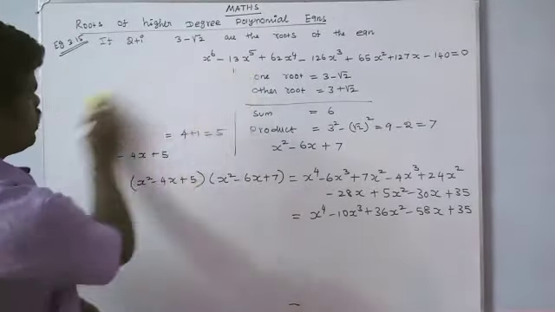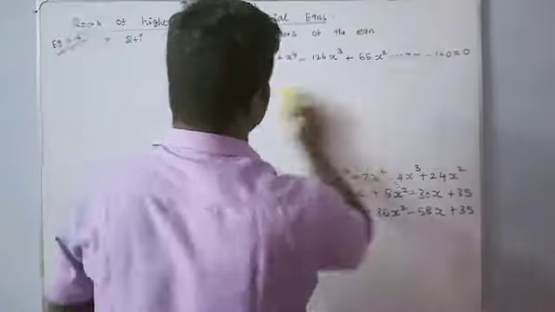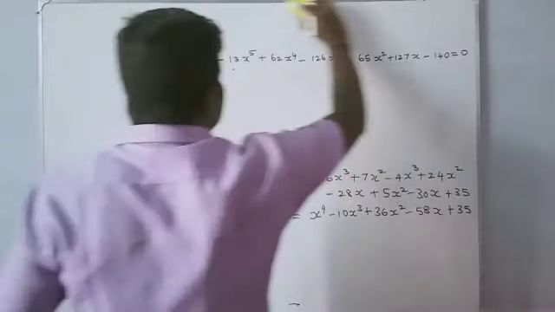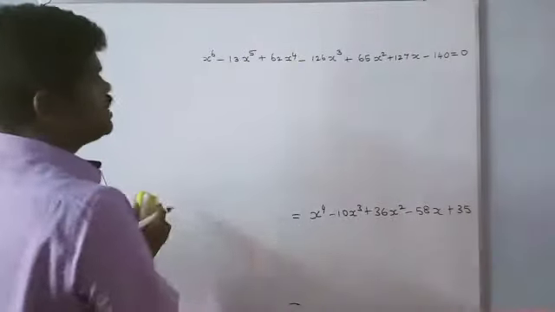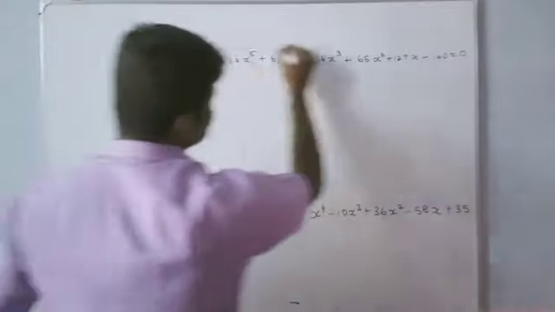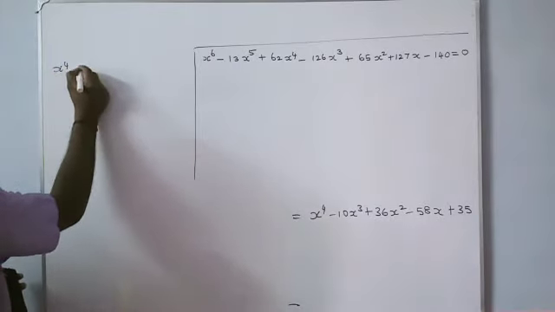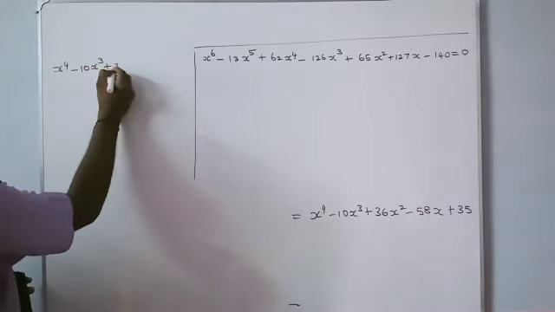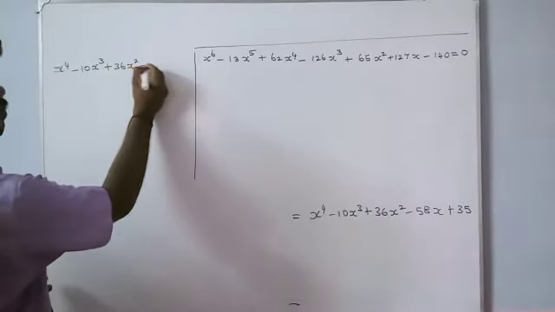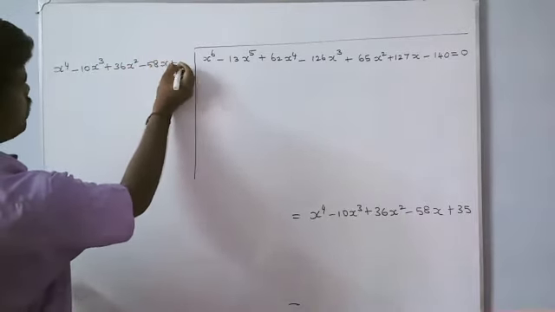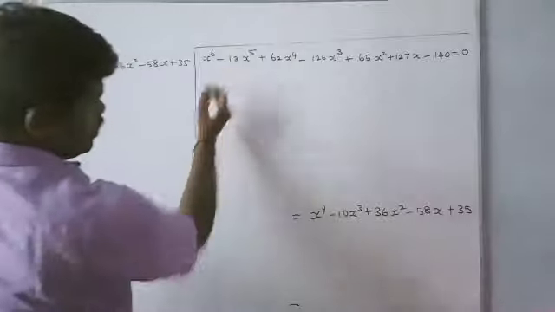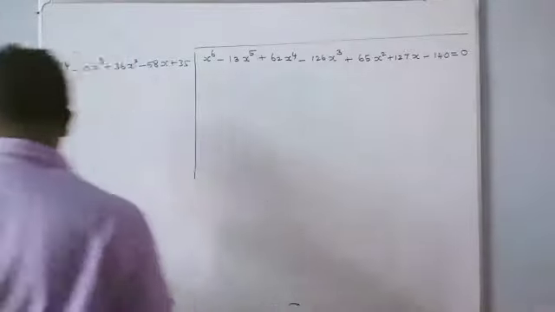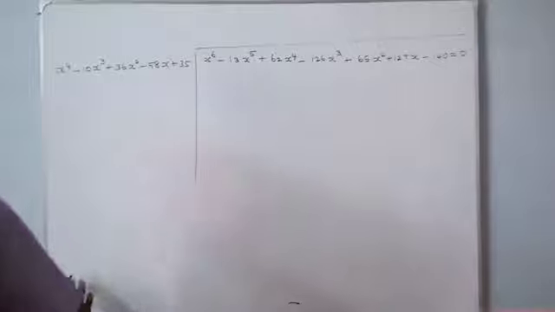So now we go to the division of this polynomial by this factor. The factor is x power 4 minus 10x cube plus 36x squared minus 58x plus 35. Now we want to divide, using the long division method.